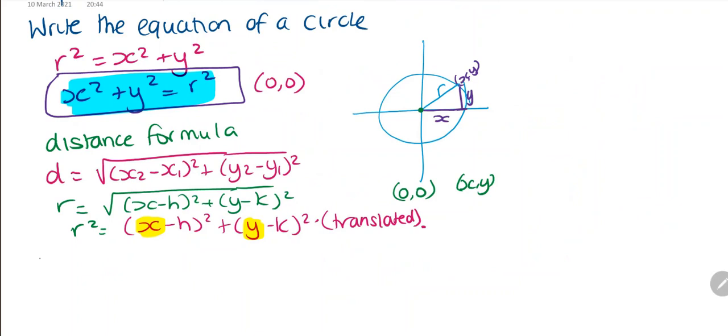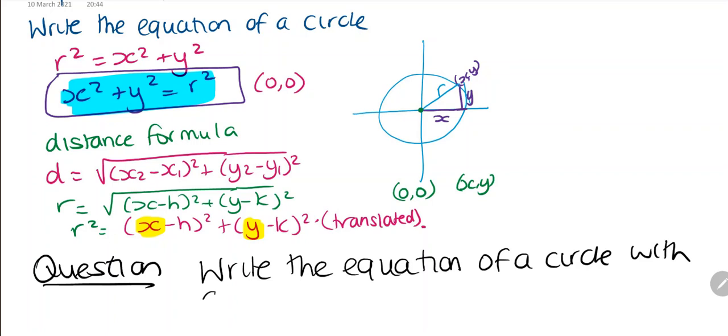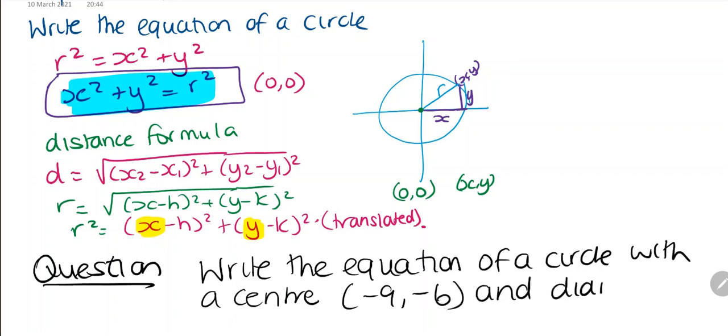Okay, so a question. Write the equation of a circle with a center -9, -6 and diameter 4.